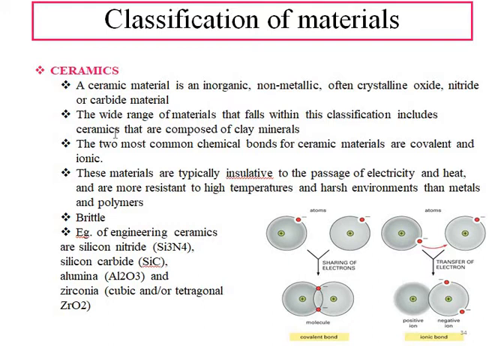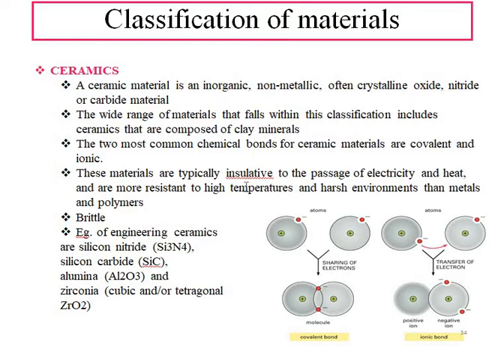The wide range of materials that fall within this classification include ceramics that are composed of clay and minerals. Like I said before, the grocery and kitchen items we have are all made of those clays, and some other mineral-based ceramics are also available.